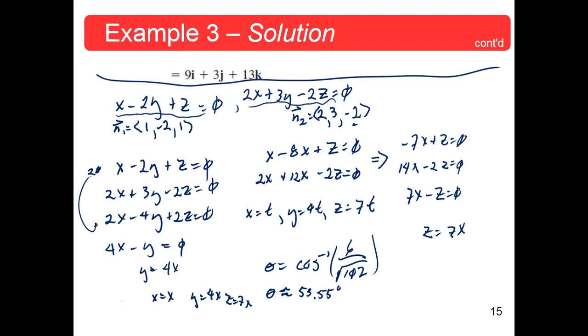that will produce the direction numbers for the line of intersection. Okay? So in other words, and this is exactly what they got.